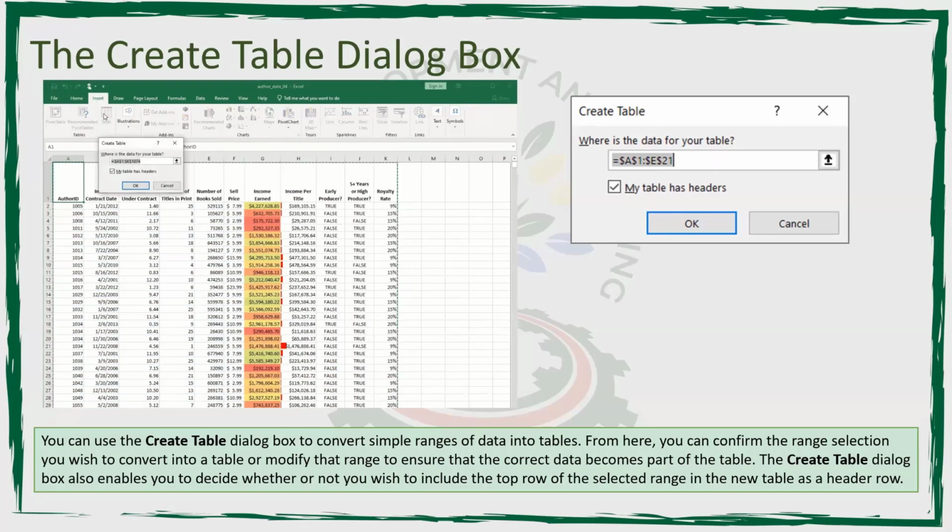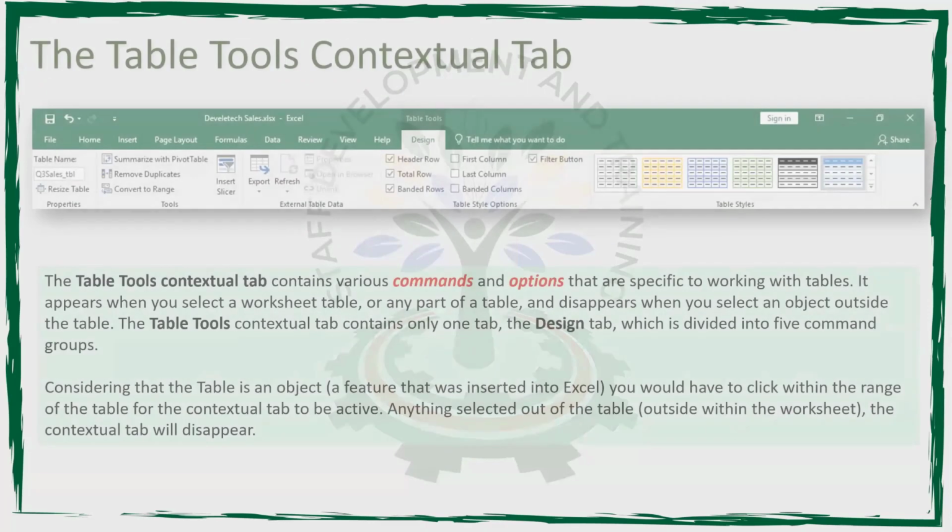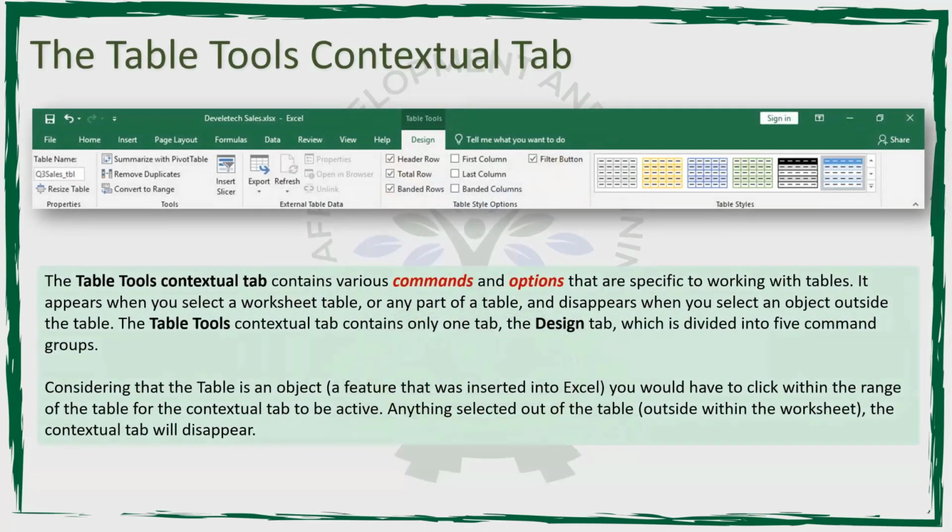The Table command is located in your Insert tab, within your Tables group. The Table Tools Contextual tab. The Table Tools Contextual tab contains various commands and options that are specific to working with tables. It appears when you select a worksheet table, or any part of a table, and disappears when you select an object outside the table.